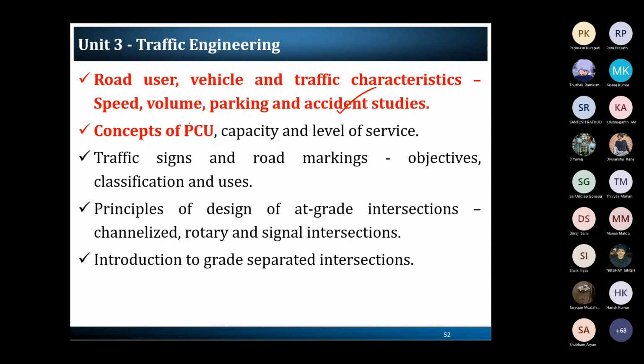So for that, we try to understand the concept of PCU, the capacity and the level of service. So the three concepts we try to learn, followed by the facilities we have provided, like the traffic signboards, marking, then the signal, the grade separated, rotary and other facilities.